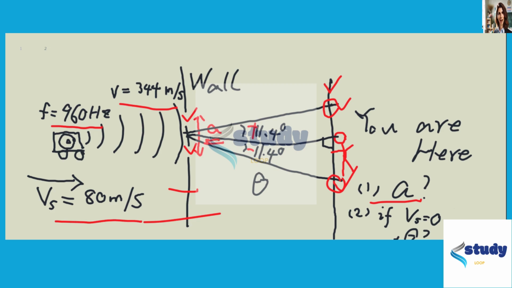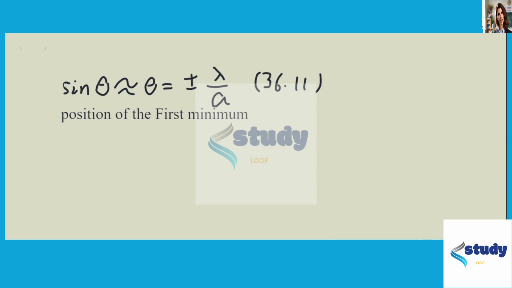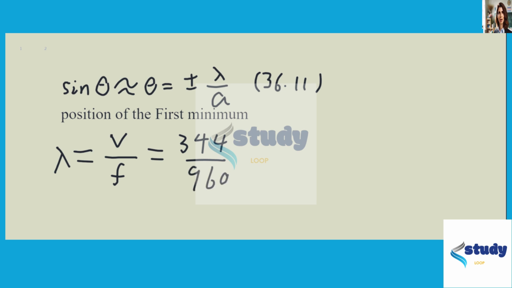and calculate the effective wavelength of the sound. What will be the effective lambda here? If we have a source which doesn't move, it will be simply the velocity divided by the frequency. For us, it equals 344 divided by 960.